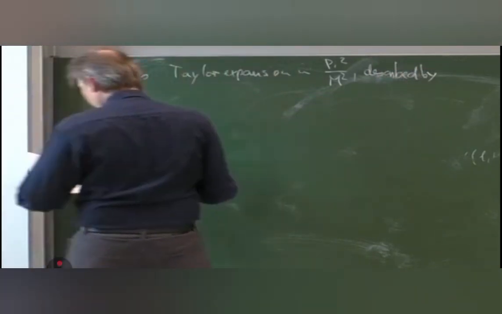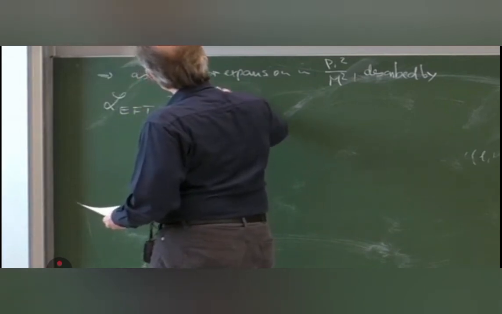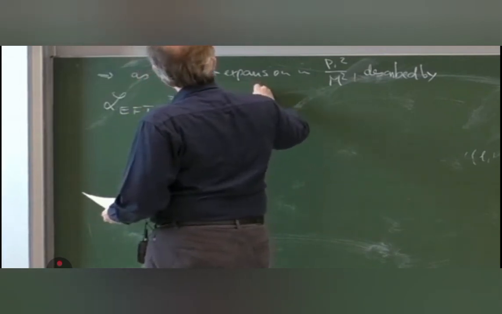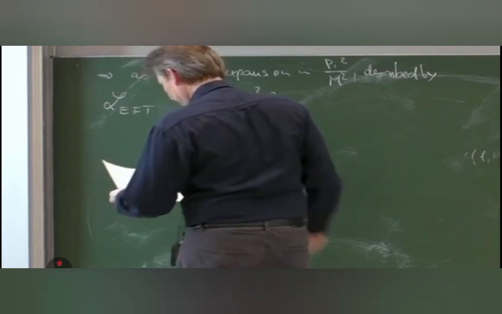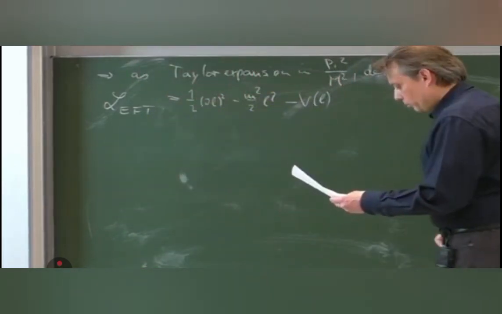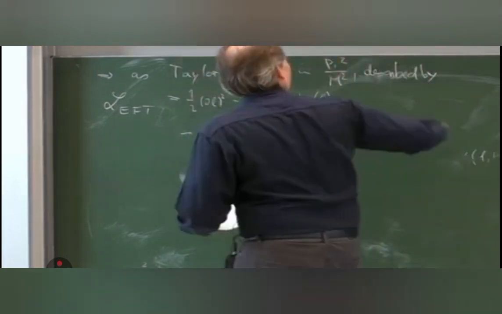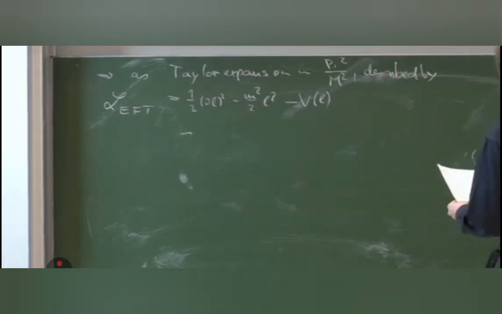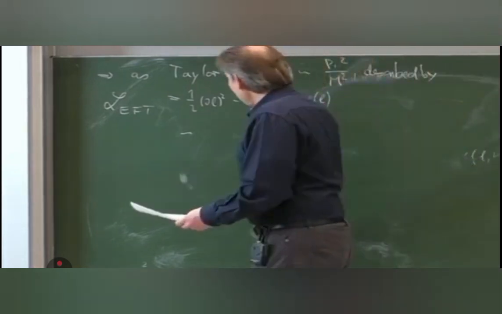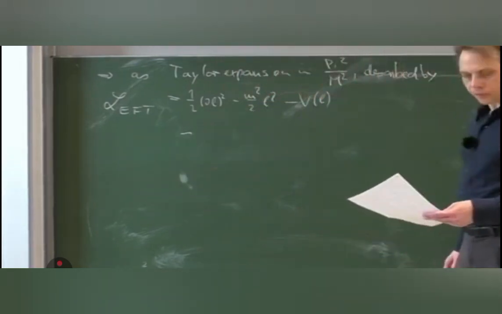L effective is the same kinetic term and the same mass term for the light field. Then this original light potential, and then additional terms which are now different from the second line in the full theory. So now there come interactions involving only the light fields but not the heavy field.